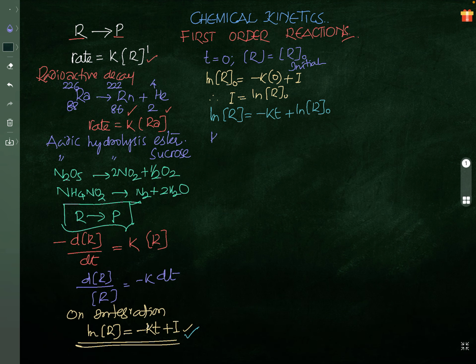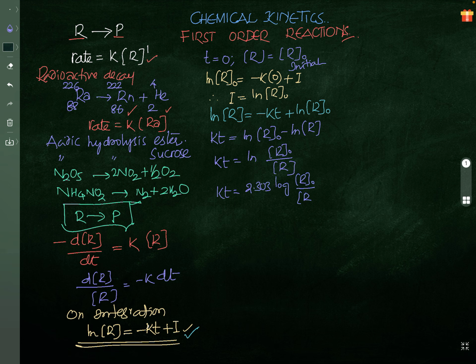Now kt is equal to what we can write? kt is coming this side, this will be going that side. ln R naught minus ln R. When you are subtracting in logarithms, we can write like this: ln R naught by R. Correct? Or natural logarithm, if you want to convert that into log base 10, then that will be R naught by R, and you can say k is equal to 2.303 by t log of R naught by R.